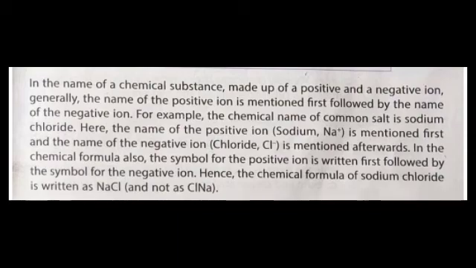So, in the chemical formula, the symbol for the positive ion is also written first, followed by the negative ion. Hence, the chemical formula of sodium chloride is written as NaCl and not as ClNa. So keep in your mind that you have to first write the positive ion followed by the negative ion.